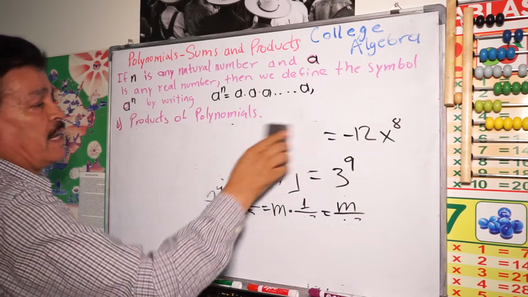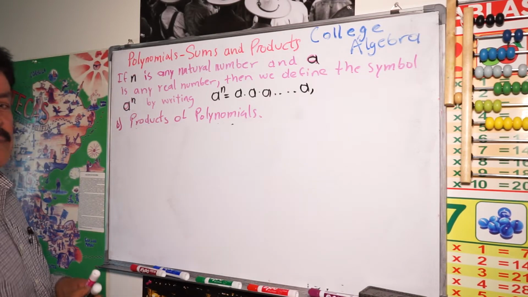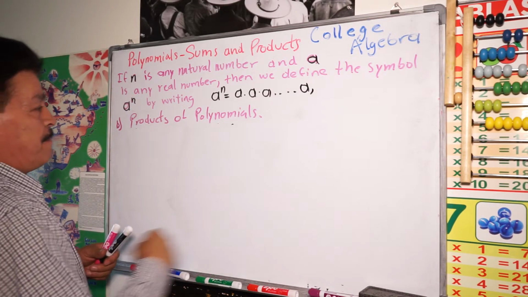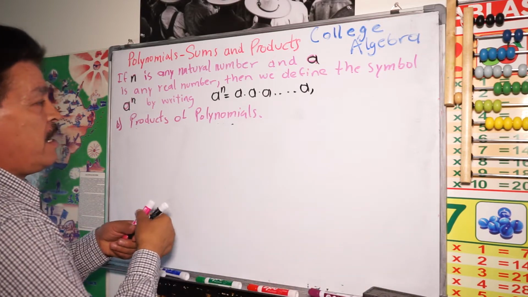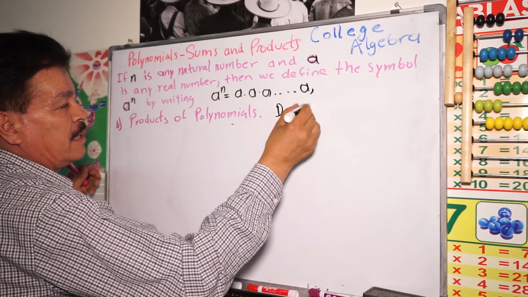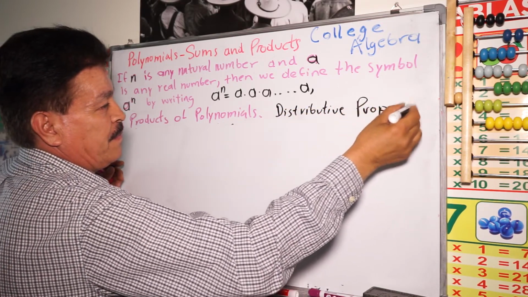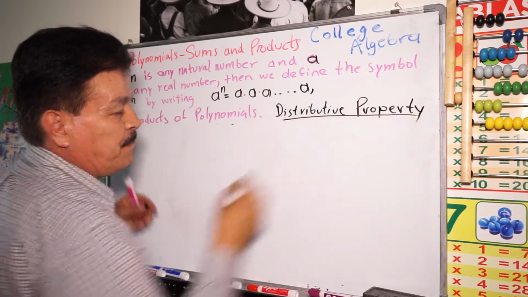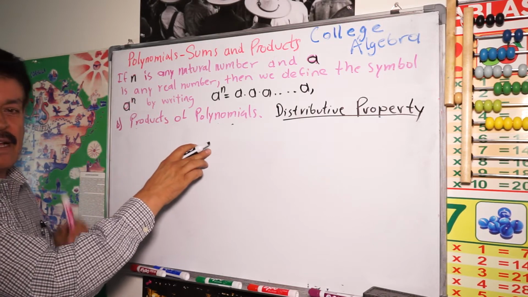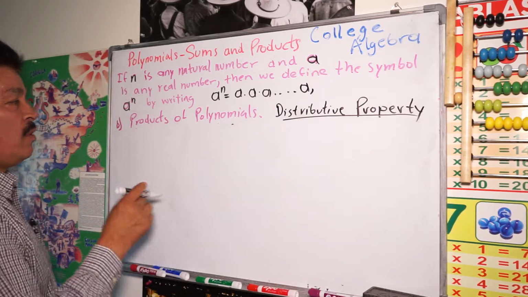Let's continue with a couple more problems using the distributive property. We are going to use this property when I solve this product of two polynomials.